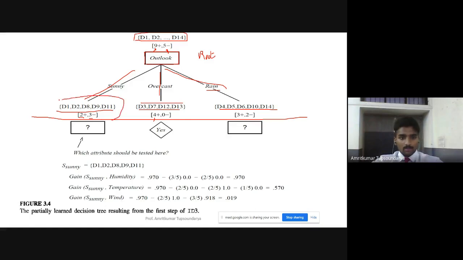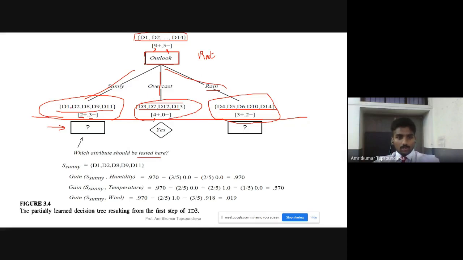Depending on the data that we have, we are going to compute again the entropy and the information gain so that we can select again the best classifier, or the best suitable attribute which can be placed here. So how do we compute that? Again, which attribute should be tested here?